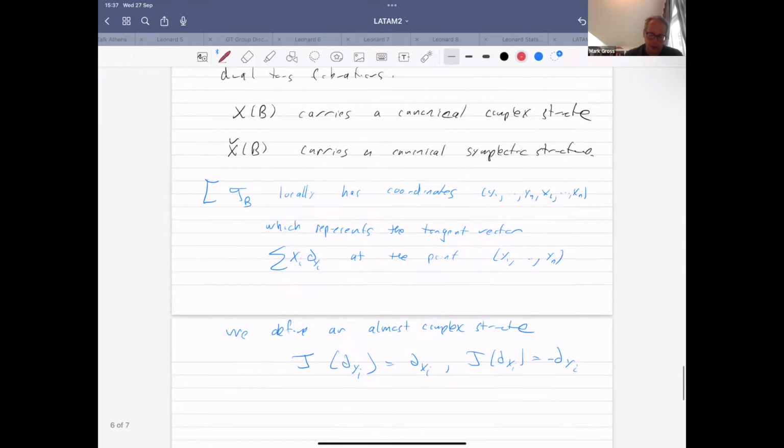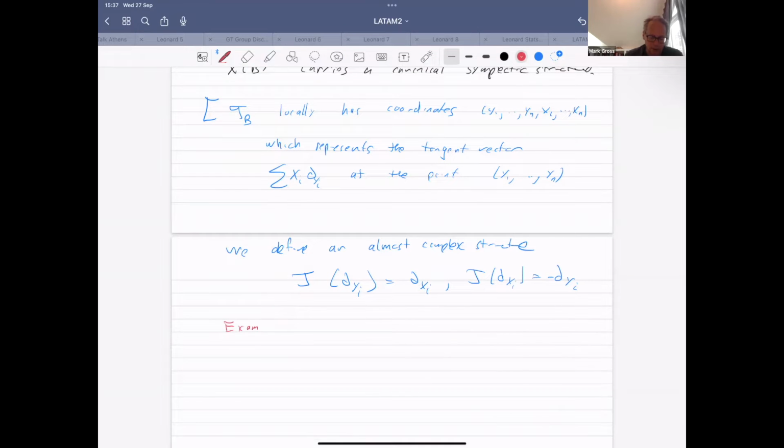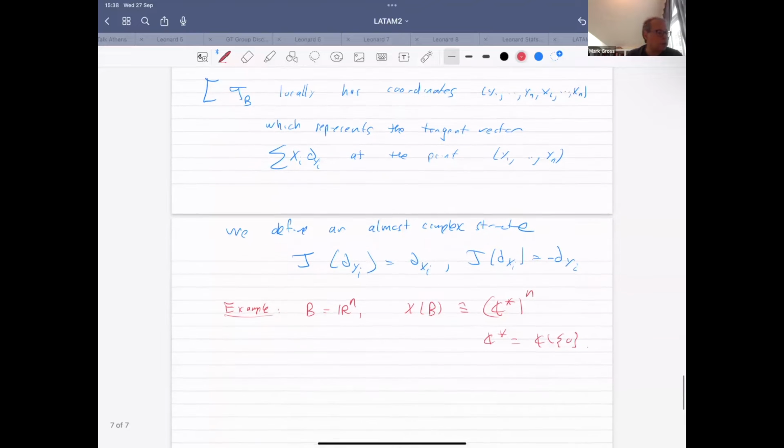And just by way of example, if I take B equal to Rn, it's a simple exercise, which you should probably do for yourself, to show that X of B is isomorphic to C star, that's C minus the origin, to the n, so the algebraic torus. So that's the local picture, and really this gadget is built out of polyannuli inside C star to the n and glued together by monomial transformations dictated by the gluing of affine coordinates.